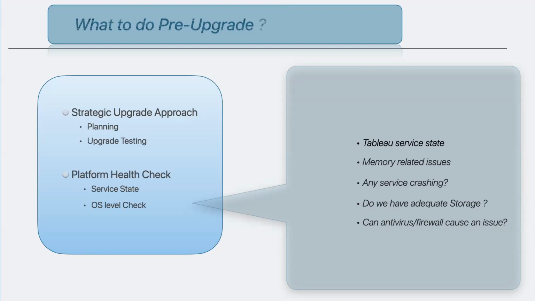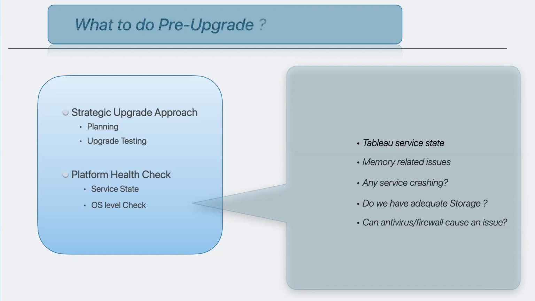Why I focus on that is because if you run the TSM upgrade command and there is a Tableau service in an error state, then your upgrade will fail. And you know that once you run the upgrade script and it fails, there is no solution. You have to uninstall it and restore it from the backup.